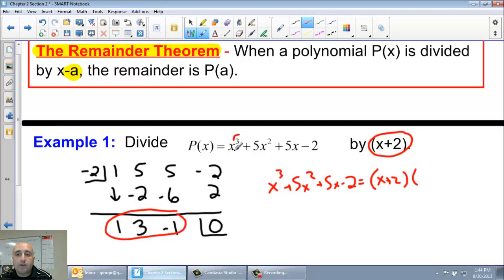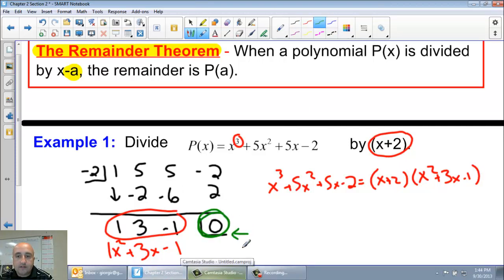If we started with an x cubed, this will now be an x squared. So 1x squared, and then we just continue on, plus 3x minus 1. So, x squared plus 3x minus 1. And this 0 down here tells us that there is no remainder.